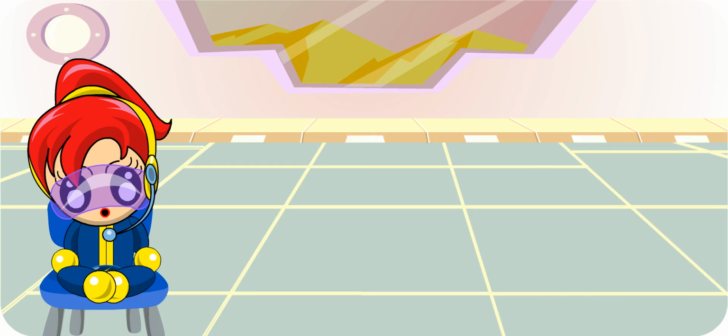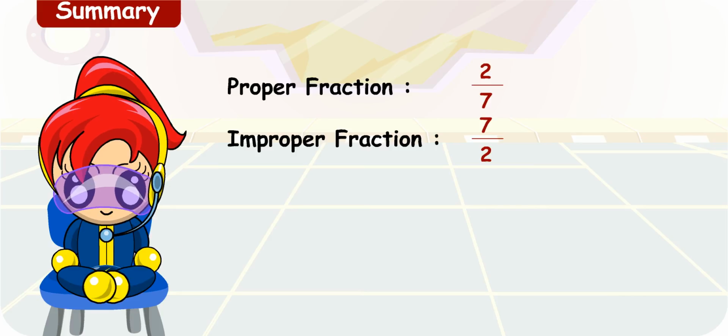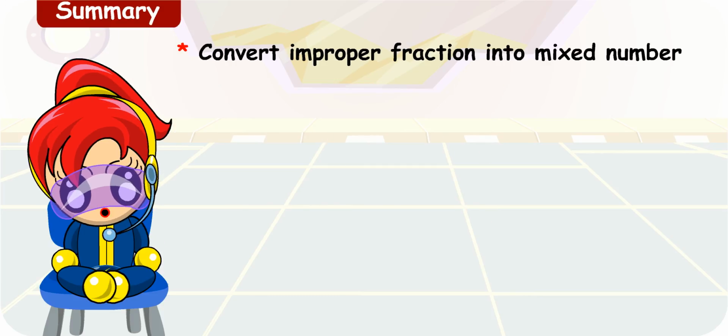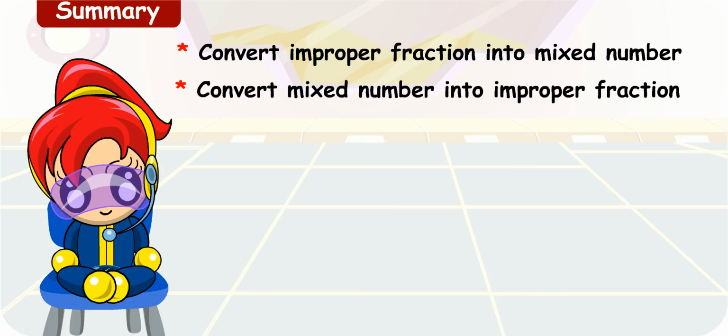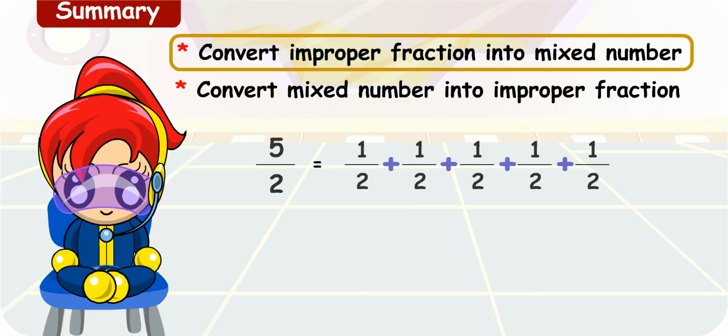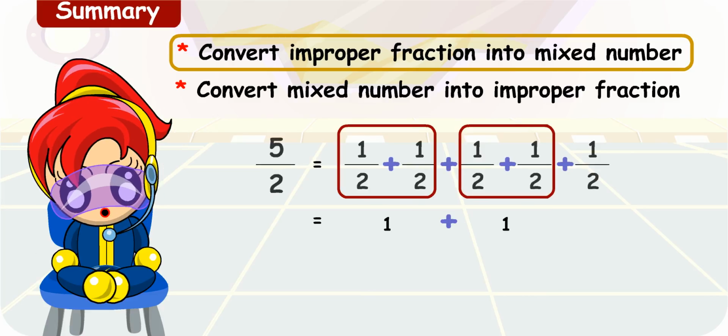Can you tell me briefly the things you have learned in today's lesson? I have learned what proper fractions, improper fractions and mixed numbers are. I also learned to convert improper fractions to mixed numbers, and vice versa. To convert an improper fraction to a mixed number, I first find the number of wholes the fraction can make based on the denominator.